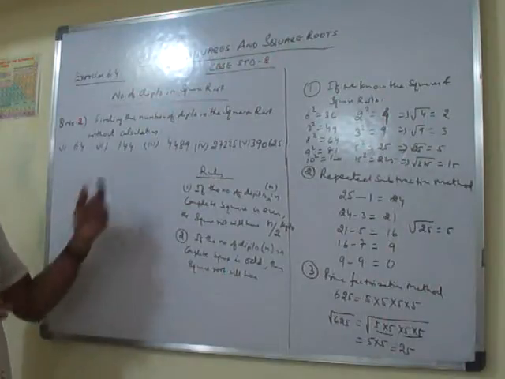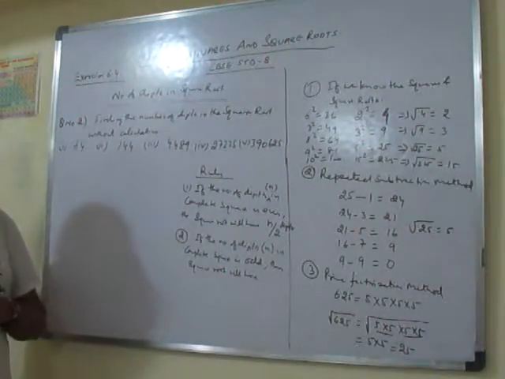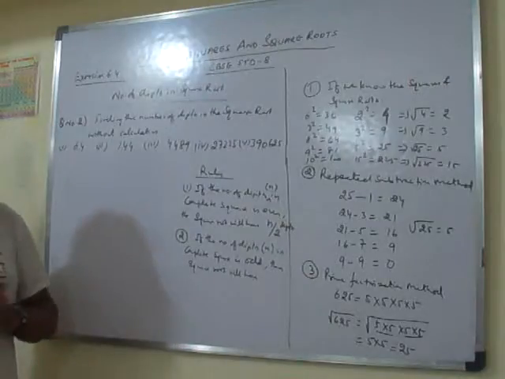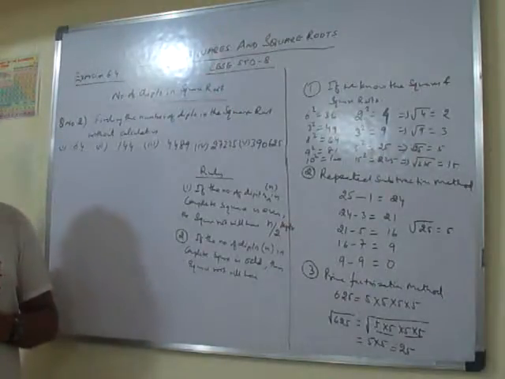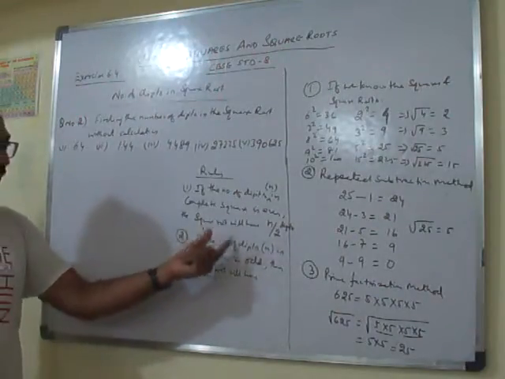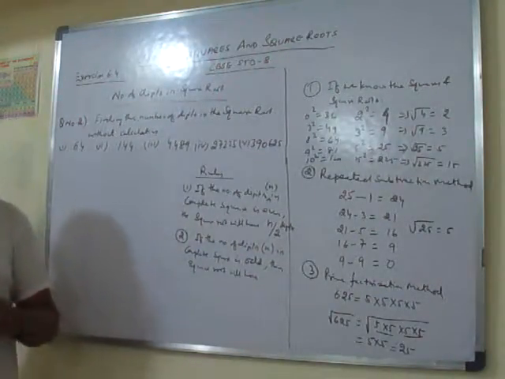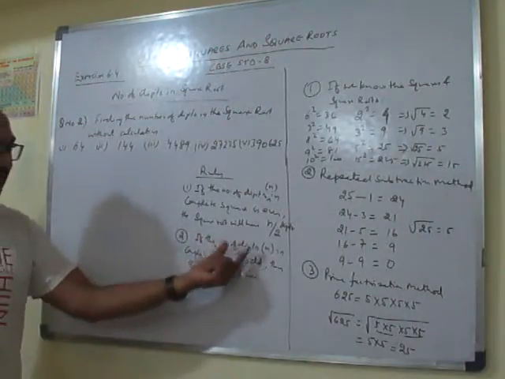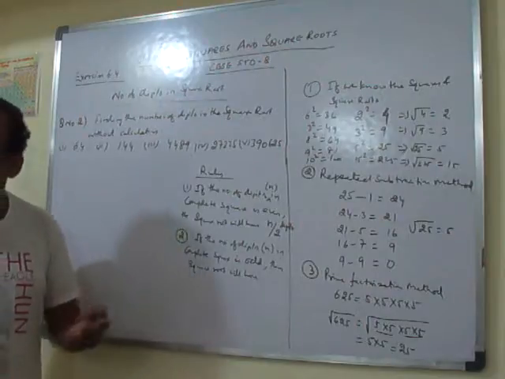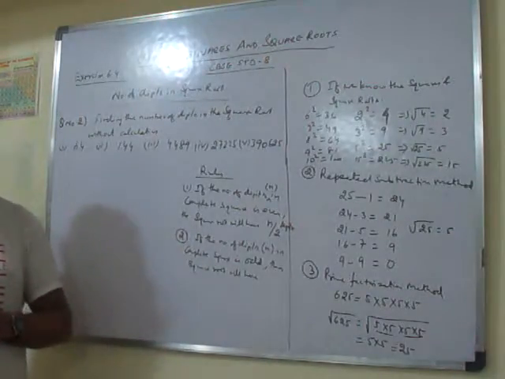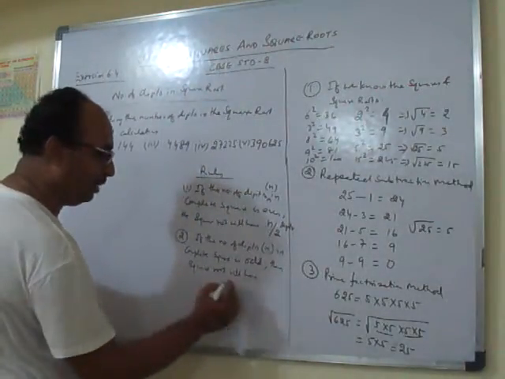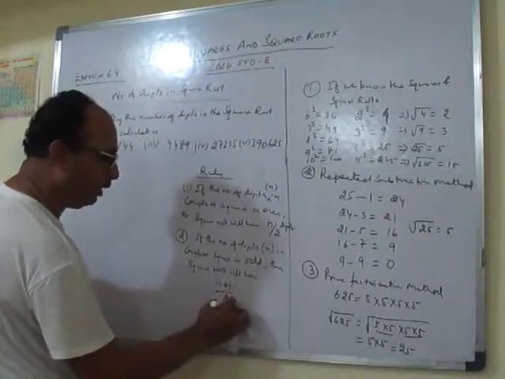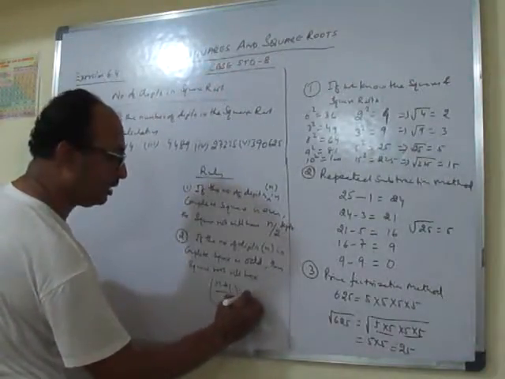If it is 3 and we divide it by 2, we get the decimal 1.5. If 5 is divided by 2, again we get the decimal 2.5. In decimal it cannot be the number of digits. So the general formula is n plus 1 divided by 2. If n is odd, adding 1 makes it even, then dividing by 2 divides completely. So in that case, the square root will have n plus 1 by 2 digits.